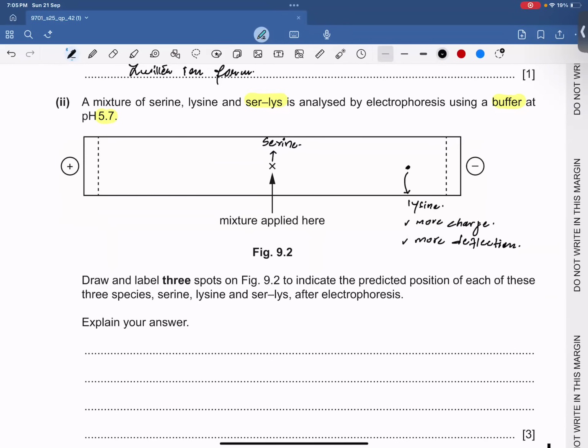Now the dipeptide of serine and lysine will cover the least distance. It has to be here somewhere. Obviously this dipeptide has a higher Mr, and if its Mr is higher, it has less charge per mass and shows less deflection.